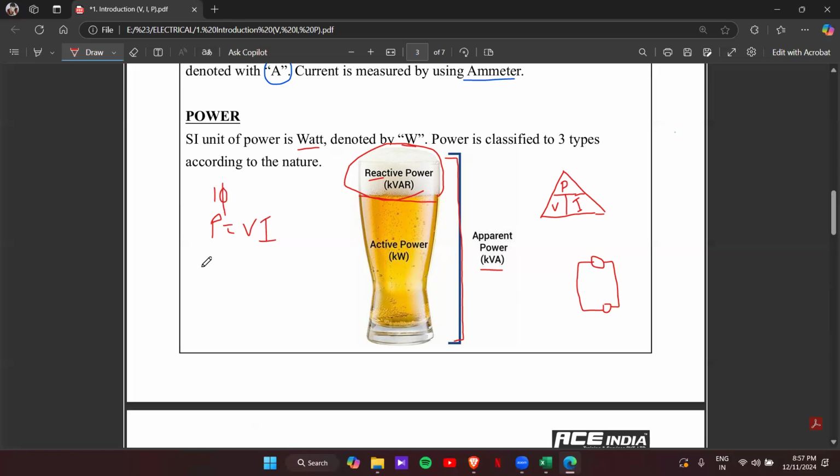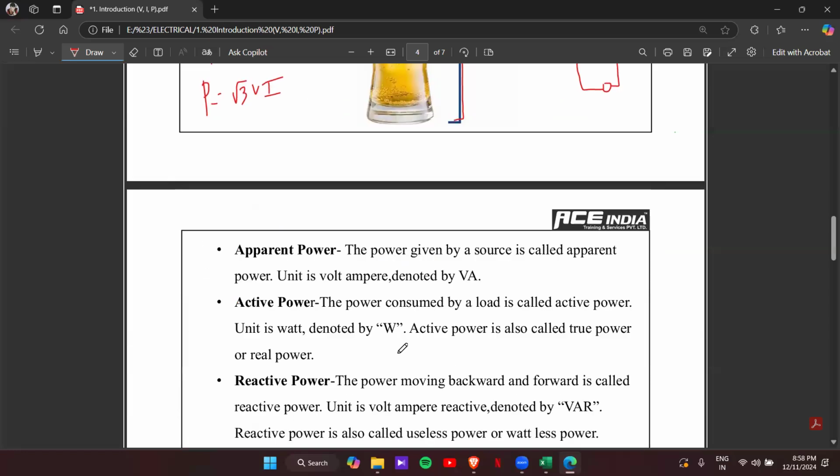For three phase connection, a slight change: P is equal to root 3 VI. And from the same, you can also calculate the equation for the current.